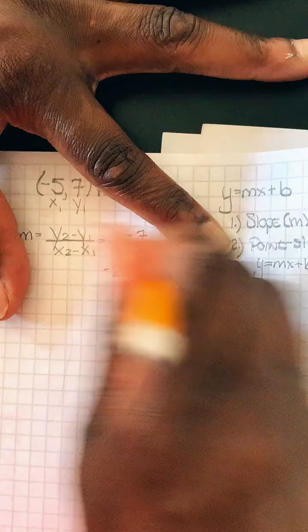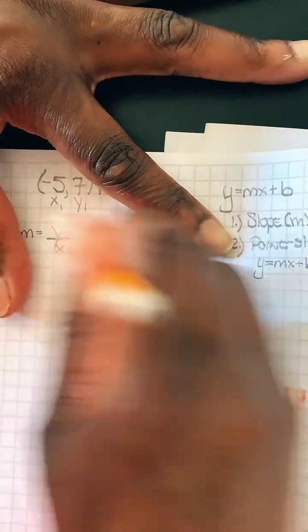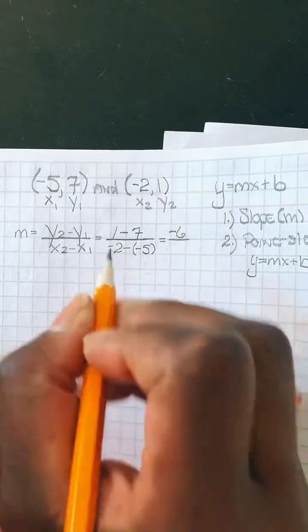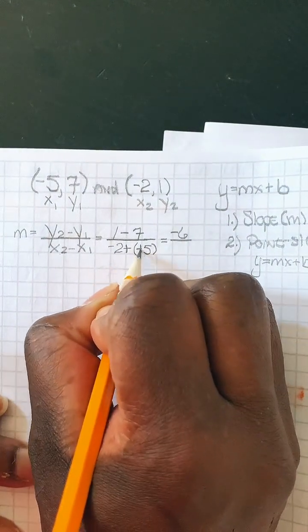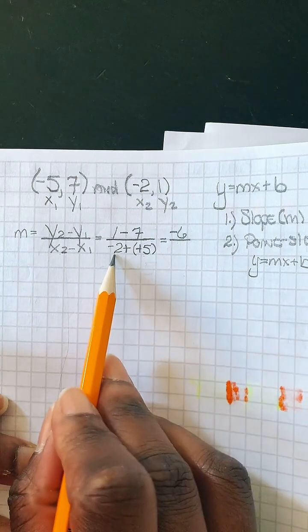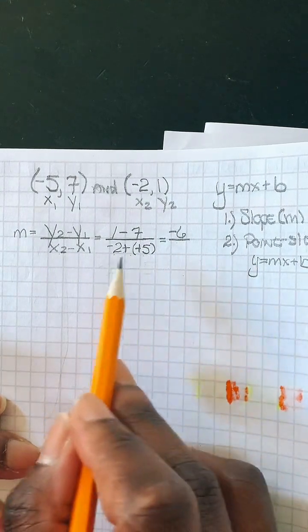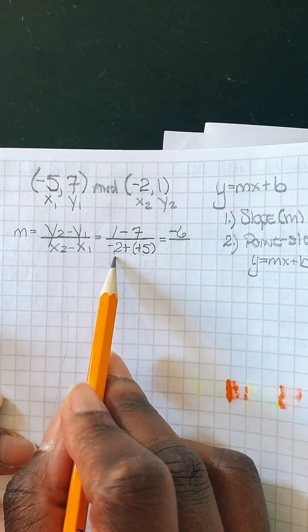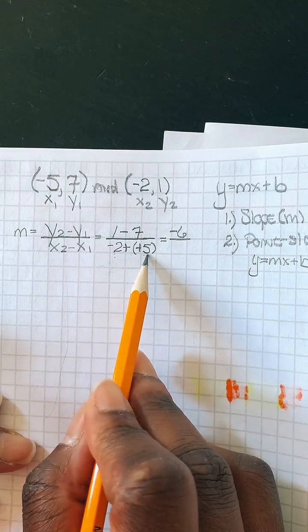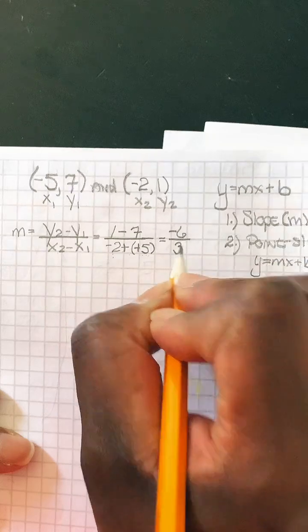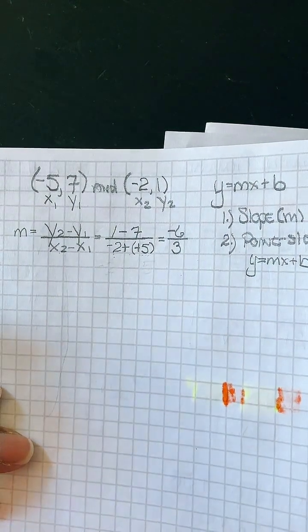No. That's why I put parentheses around it, because when I minus a negative, that turns positive. So I have -2 plus 5. I'm down $2, I made $5, that means I'm in the plus 3.